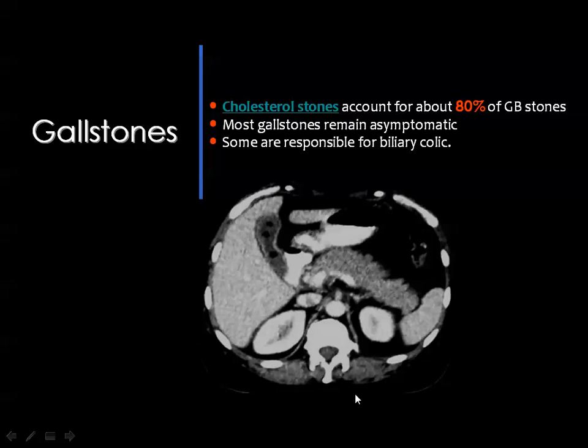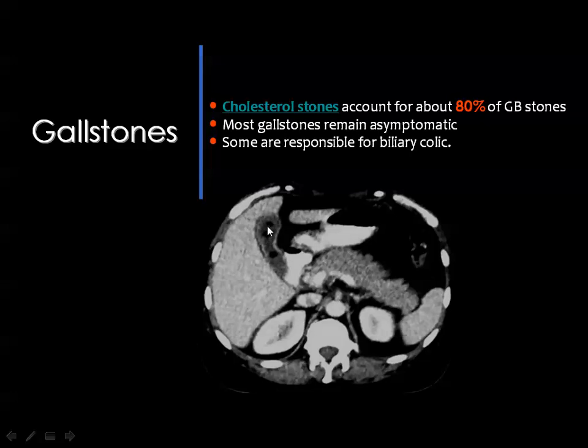Then some of the gallstones are cholesterol stones, and these stones may represent the majority of gallbladder calculi. And you know, cholesterol belongs to the fat-containing structures, and the fat appears in the CT scan as hypodense.